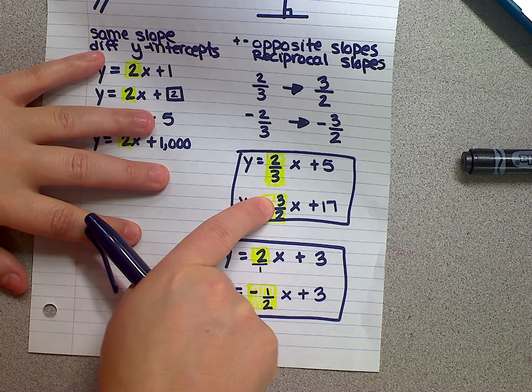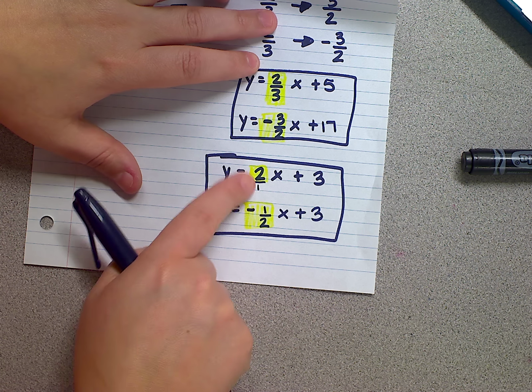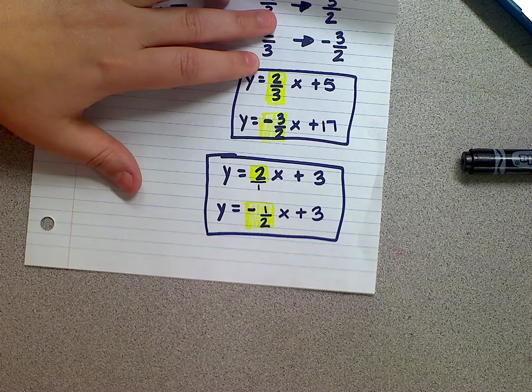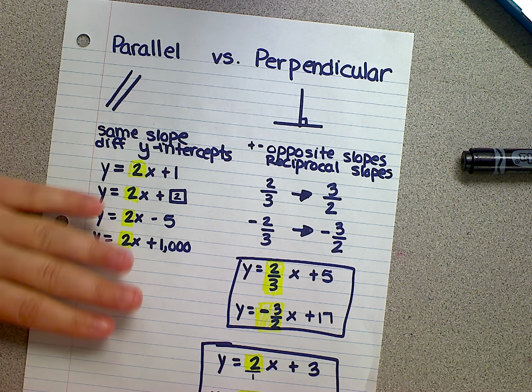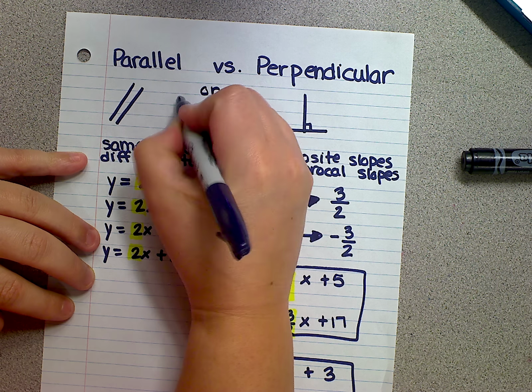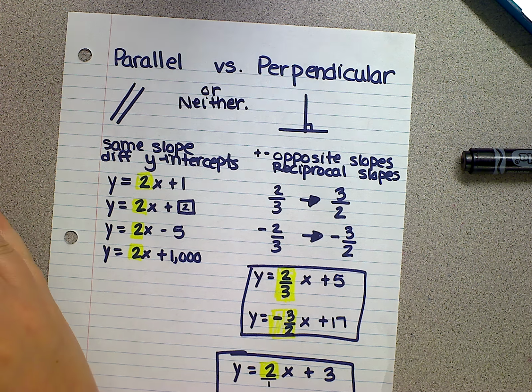That's the mathematical fancy word term. So here's another example. Positive 2 over 1, negative 1 over 2. That is opposite and reciprocal. That's what you need to know about parallel lines versus perpendicular lines. And remember, we added one more. It could be neither.